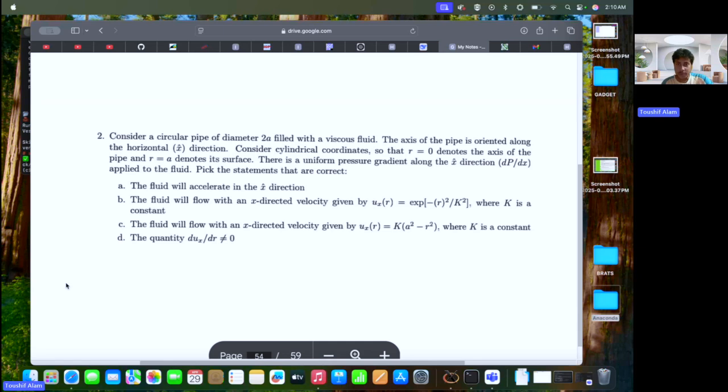there is a uniform pressure gradient along the positive x direction applied to the fluid. Statements that are correct: the fluid will accelerate in the positive x direction. The fluid will flow with an x-directed velocity given by exp(-r squared by k squared), where k is a constant. Okay, so you can read and understand the questions.